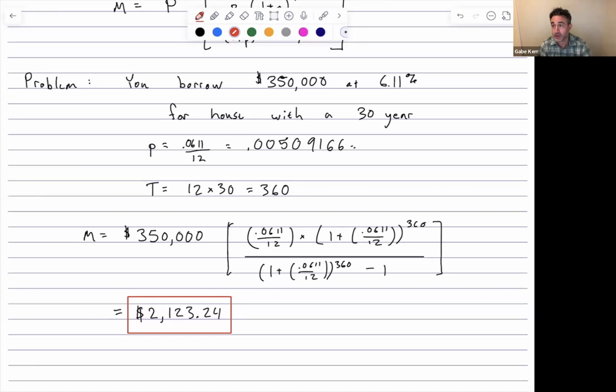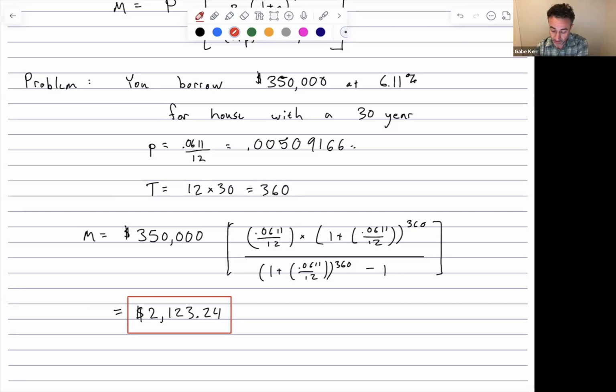Banks generally build what's called an escrow, and that escrow takes this amount and adds an insurance policy amount for the home insurance and taxes. They set aside taxes for property, and they add all of that up, and that can be anywhere from a few $100s to over $1,000 more, depending on where you live.